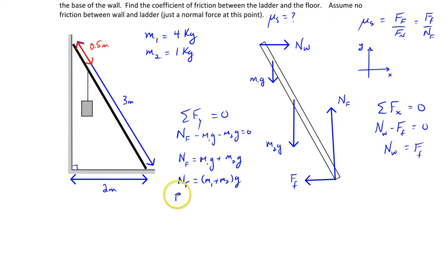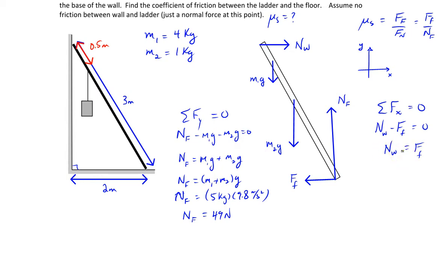So we can compute that now. That would be 5 kilograms times 9.8 meters per second squared, which gives you a normal force from the floor of 49 newtons. So we've got this part. Now we need to find the frictional force, or the normal force from the wall.